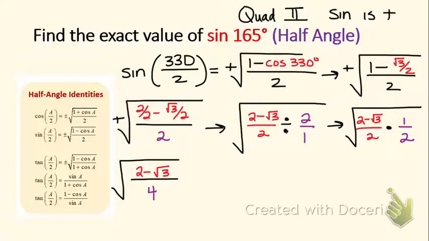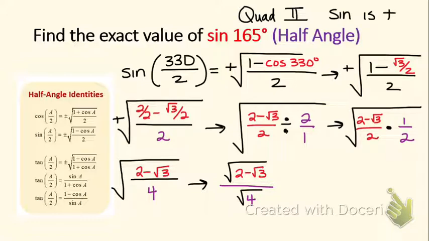When you take a square root of a fraction, you square root the top and you square root the bottom. So when I square root the numerator, it becomes the square root of 2 minus root 3, and that's all over the square root of 4. So I'm breaking it apart.